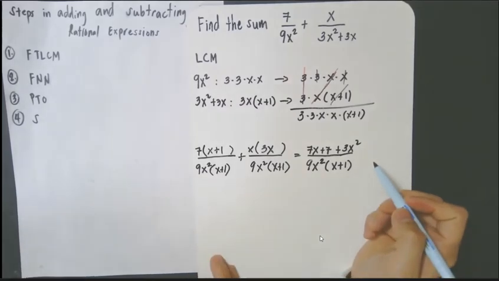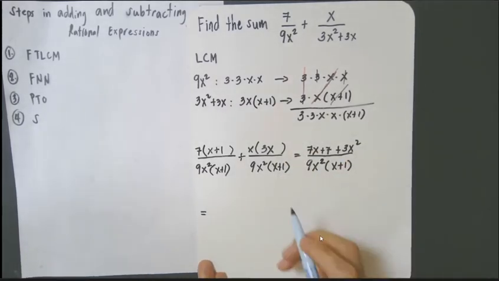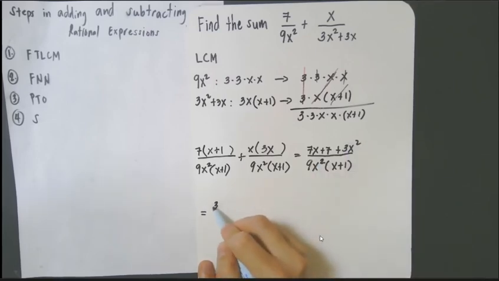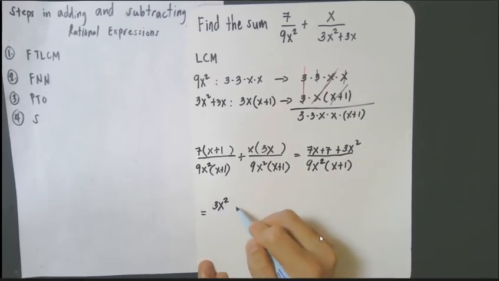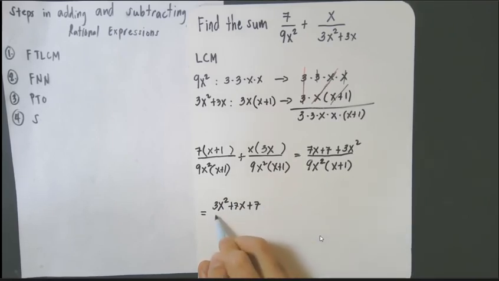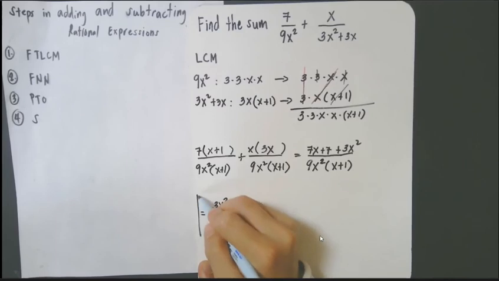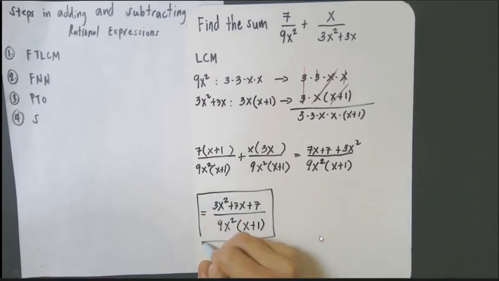So let us just arrange the terms to get the final answer. So we have now 3x squared plus 7x plus 7 over 9x squared times x plus 1. So this is now the sum of the two expressions.